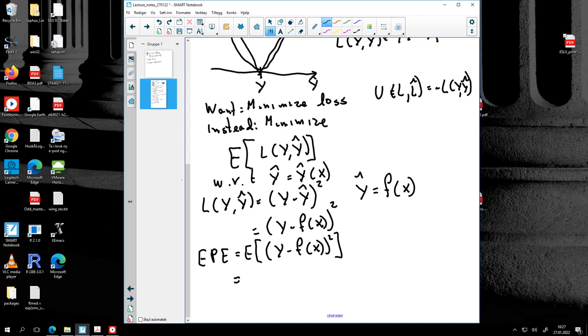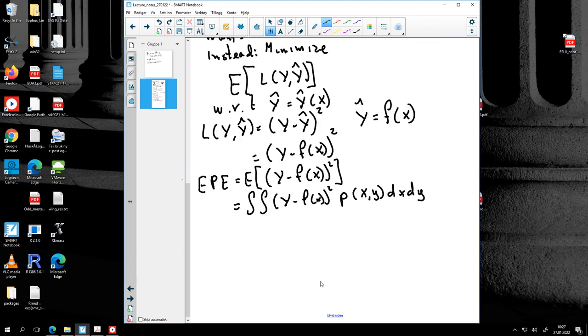So this means that it's actually a double integral of y minus f of x squared times the distribution of x and y, which I call p of x, y. So that's the first part.